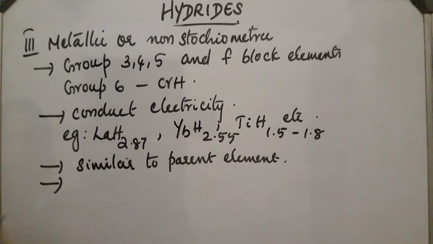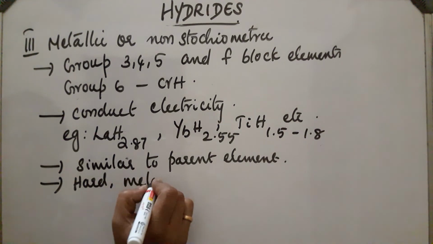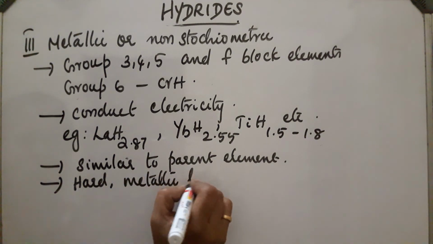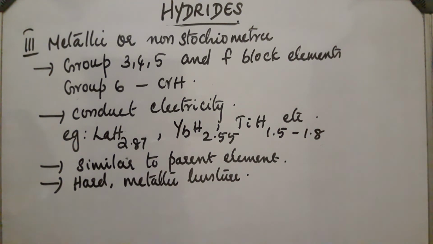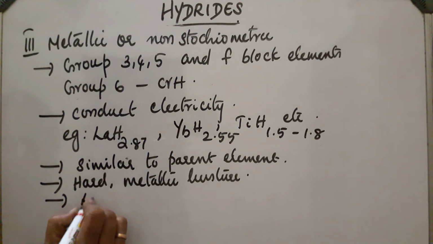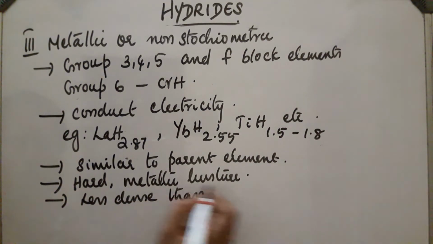So they are hard, metallic luster, conduct electricity. Okay, these are the properties of these hydrides, and they have magnetic properties also. They are less dense than the parent metal.